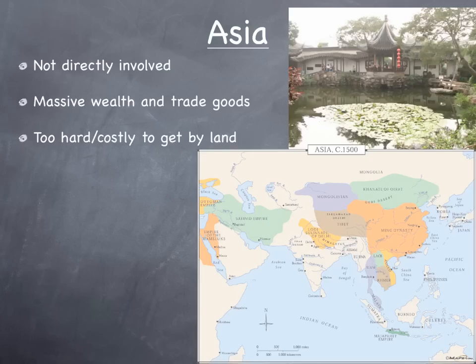But crossing into there is not an easy task. They really can't get through via the Mediterranean through the Red Sea out into there. That's not an option. So they have to go around the bottom of Africa.